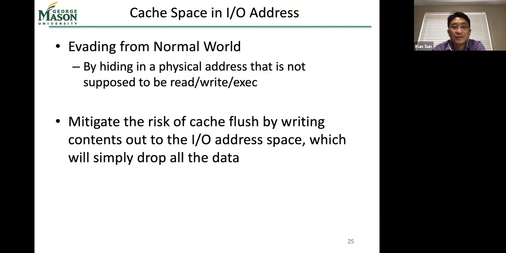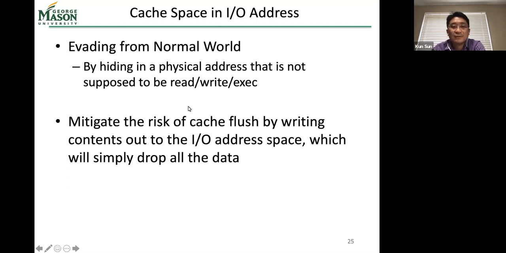By doing this, we get some nice properties. For these I/O addresses, usually they should not be read, written, or executed by the system. Through our experiment, we figured out that if the OS blindly tries to read, write, or execute those regions, the system may crash. Think about malware analysis or scanning: they will not scan all those I/O addresses.